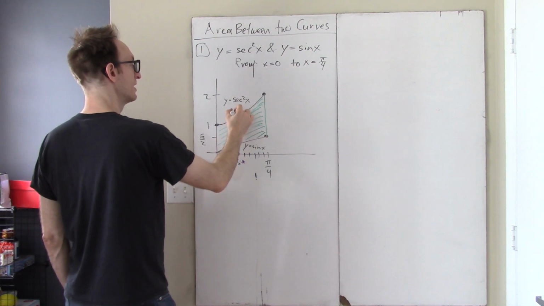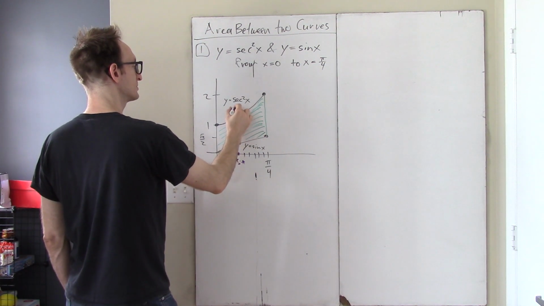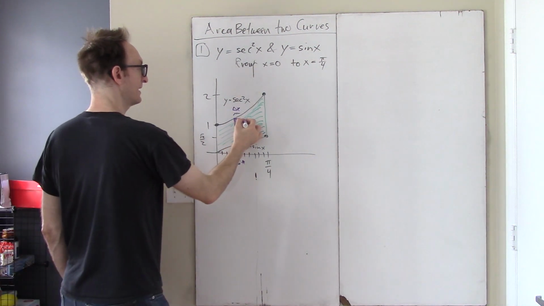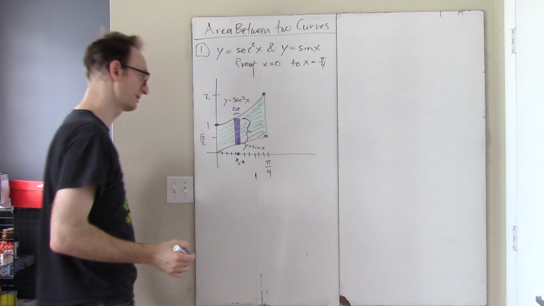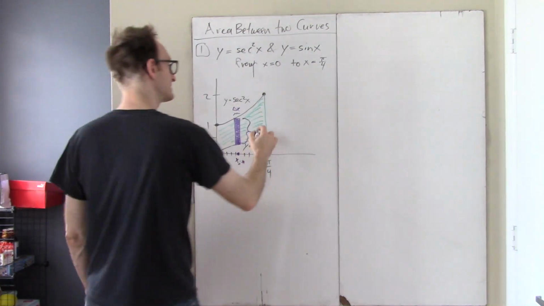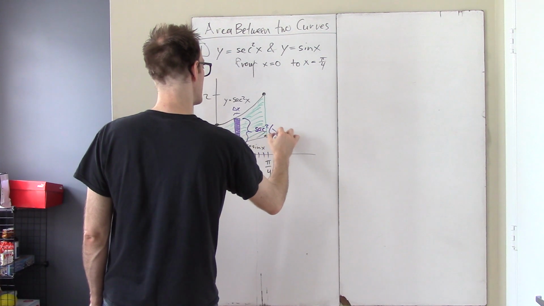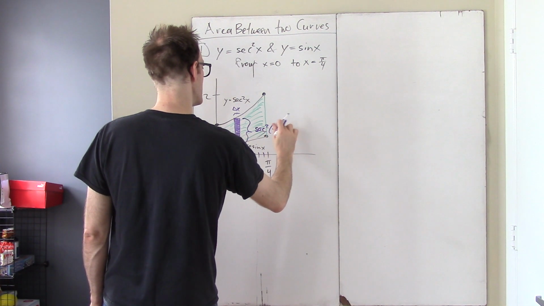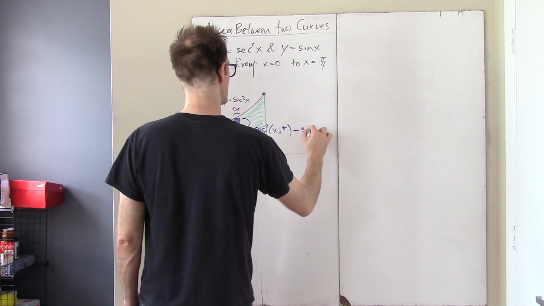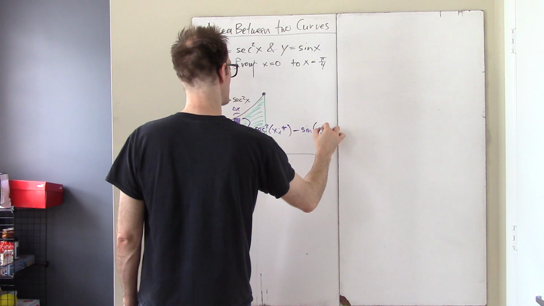The width of that rectangle is delta x, and the height of that rectangle is the difference in the heights of what happens when I plug x sub i star into secant squared, and what happens when I plug x sub i star into sine.